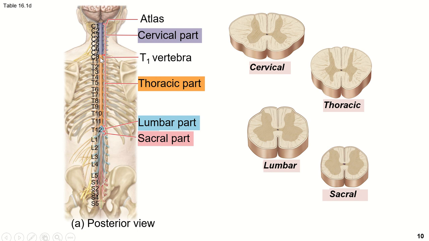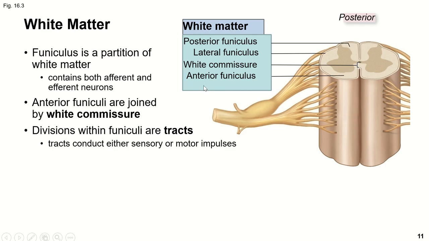So those myelinated axons that make up the white matter are going to be much more numerous in the cervical part because the cervical part has to carry all of that information going up and down. So all of this out here is those myelinated axons passing up and down through the spinal cord.